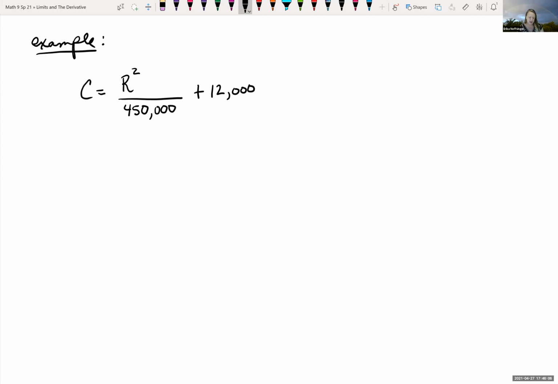They want us to find the rate of change of revenue with respect to time when the cost is changing by $15 per month and the monthly revenue is $25,000.